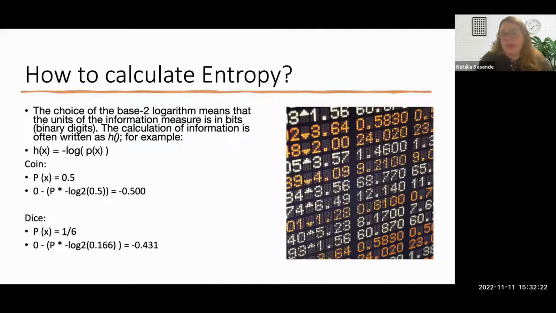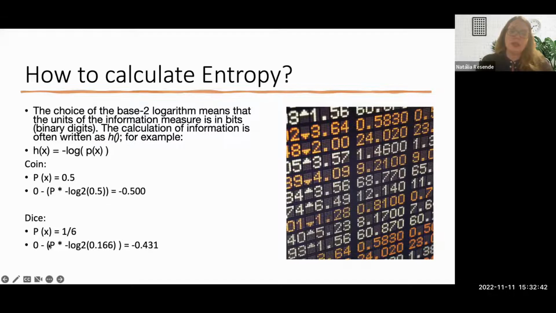It's a very simple calculation. We take the probability of an event, and then we multiply this probability by the log base 2 of the same probability, and then we get a score.